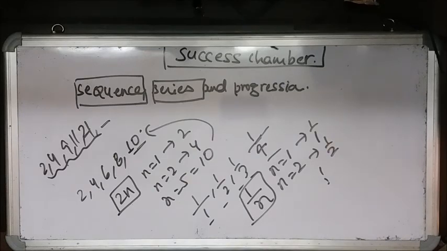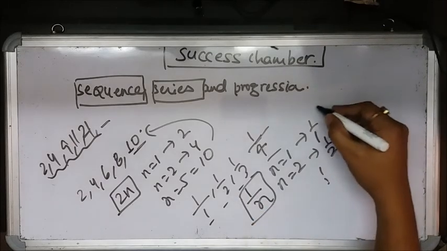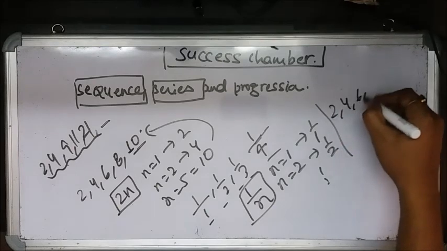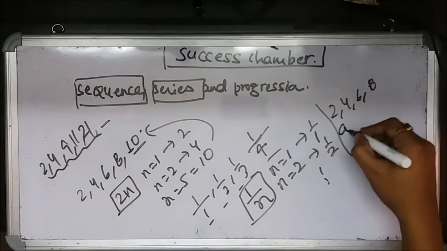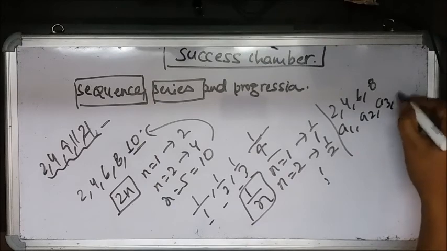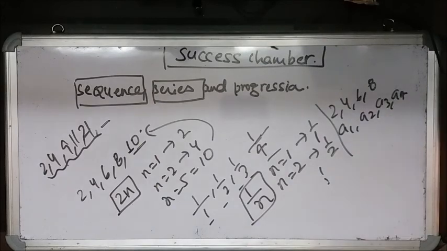Now if any operation, such as addition, subtraction or multiplication, is done on the terms of a sequence, that becomes a series. So if we have 2, 4, 6, 8, or let us take A1, A2, A3 and A4 to be the terms of a sequence, this is a sequence, right?